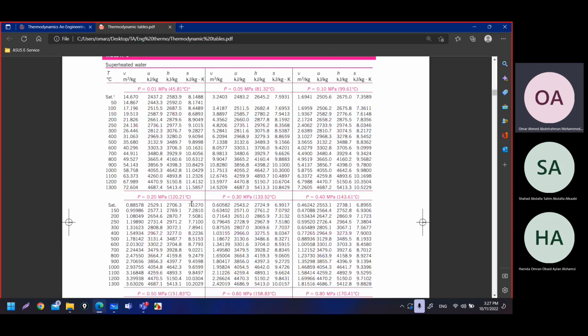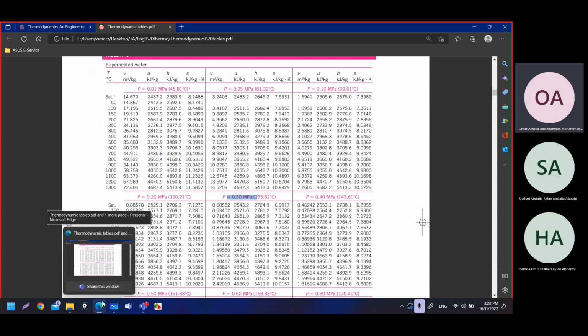If you can see here, 0.25 megapascal is between 0.2 and 0.3. So we don't have a table or a column for the pressure 0.25 megapascal. Whenever you face this problem, you need to do maybe double or triple interpolation. How do we do double interpolation?